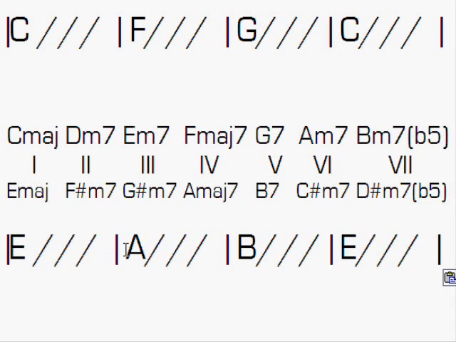So a 1, 4, 5 progression in E is E, A, B, and then of course back to the first chord.